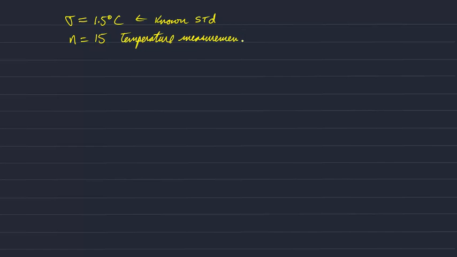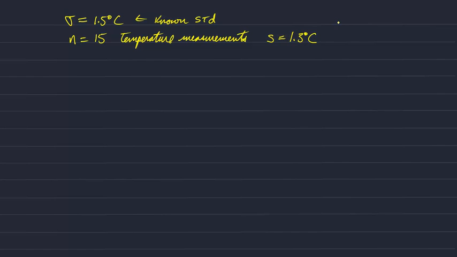Let's say our known standard deviation is 1.5 degrees C. We sample some other body of water, measuring the temperature 15 times, and we find that the standard deviation we measure is 1.3 degrees C.